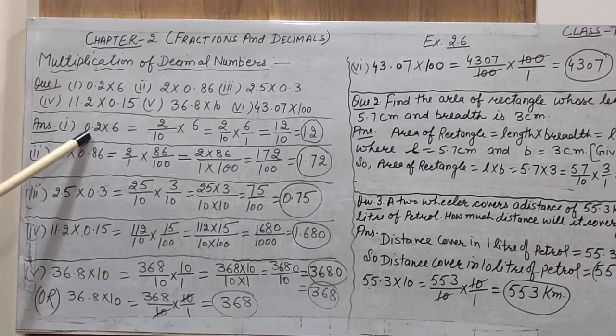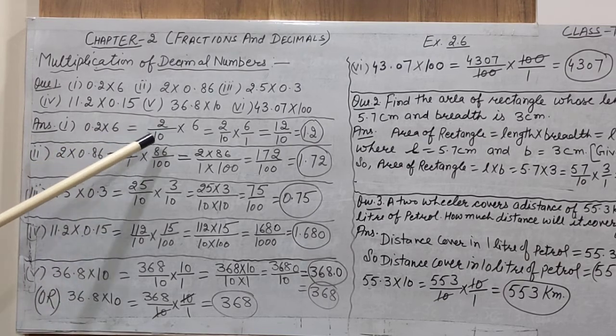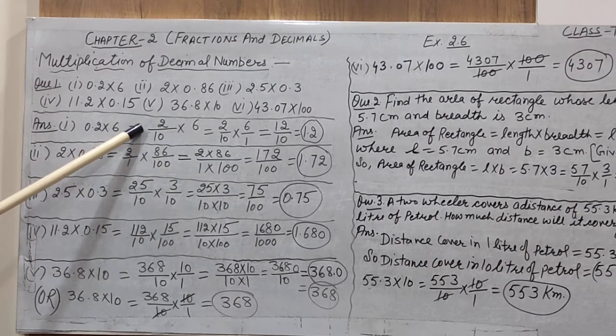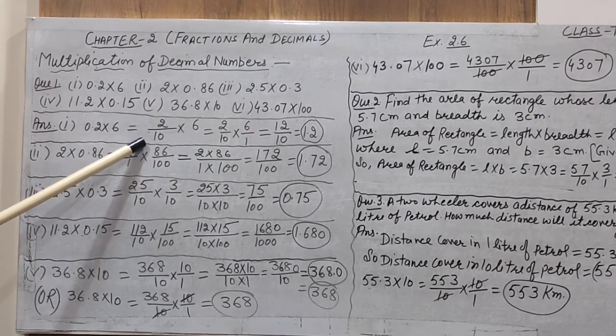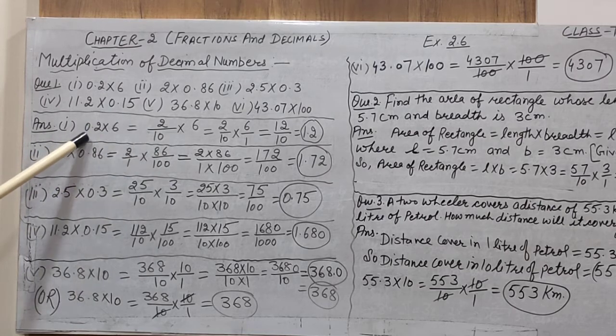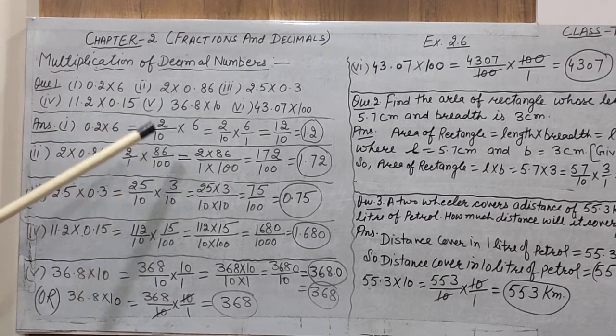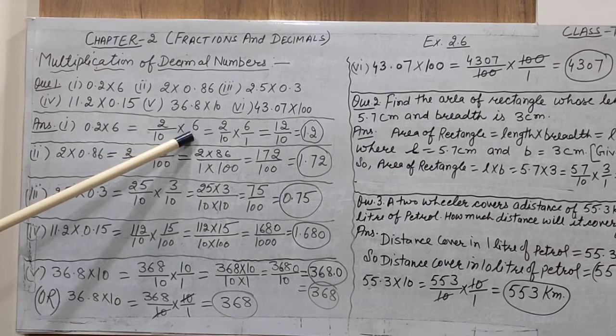This is the decimal form of the number, and the fractional form is 2 divided by 10, in which 2 is in the numerator and 10 in the denominator. Alright, first we have to change the decimal number into a fractional number. Similarly, next number is the whole number.